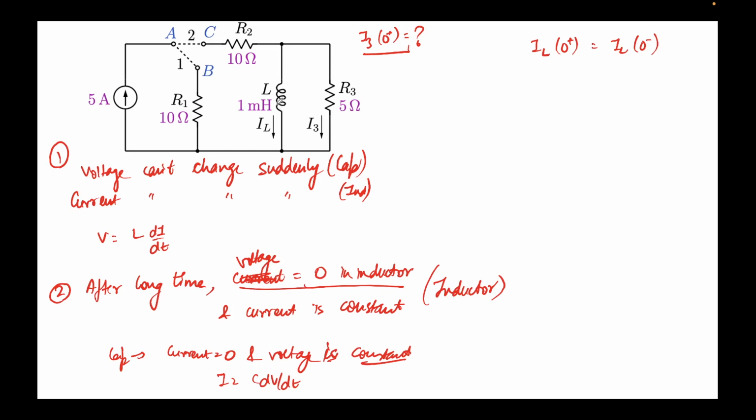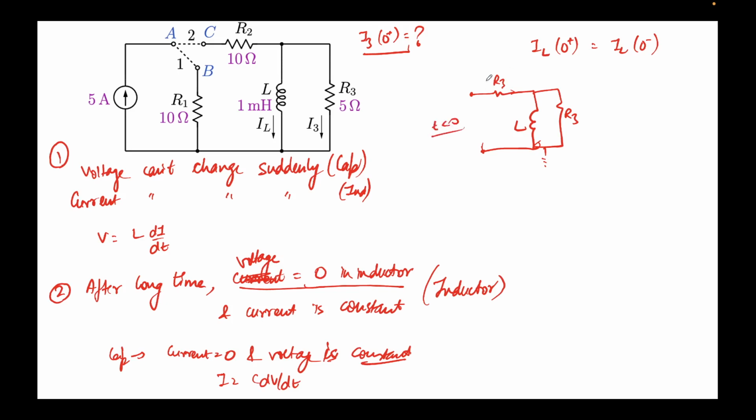So you can clearly see that just before t equal to 0, I'll draw only the right half of the circuit now: R3, L and R3. You can clearly see that no current can flow in this direction for time t less than 0.